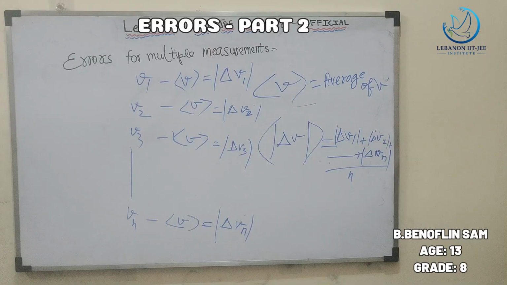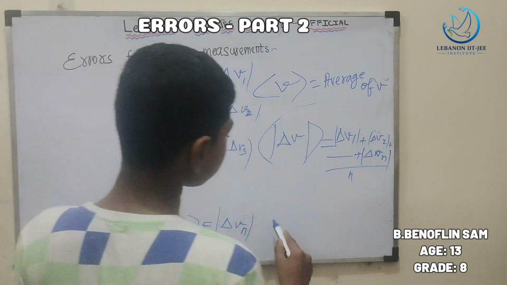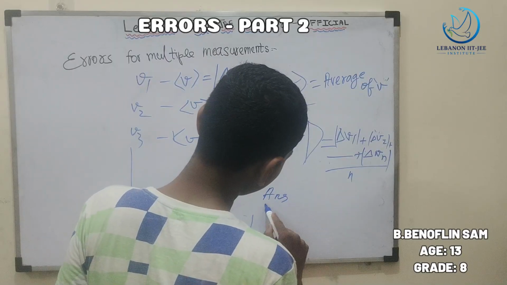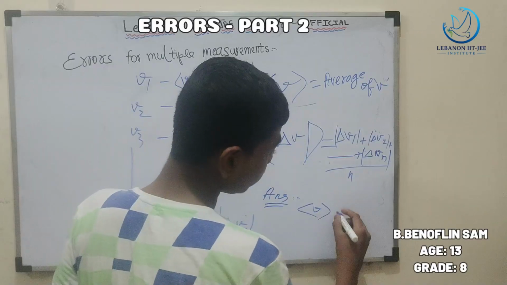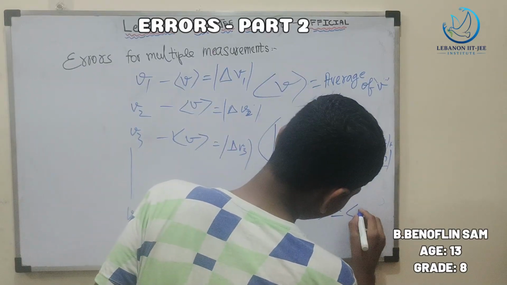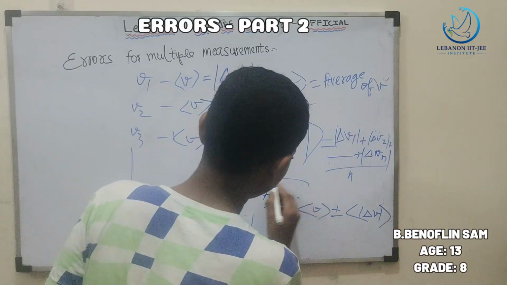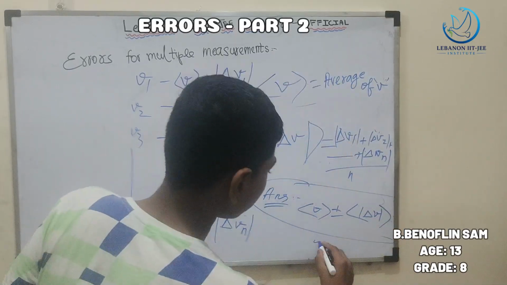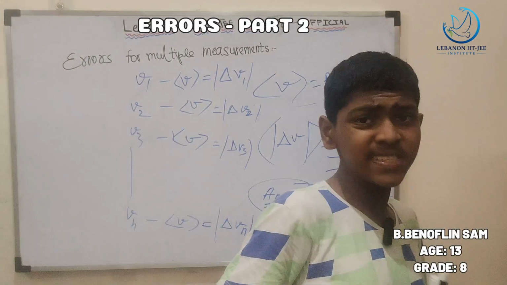And if you get this, then the answer should be like this: average of V plus or minus average of modulo delta V. That's how you define this. So it is very basic.